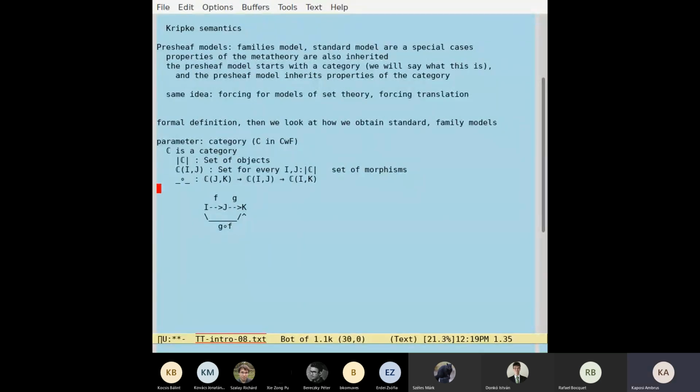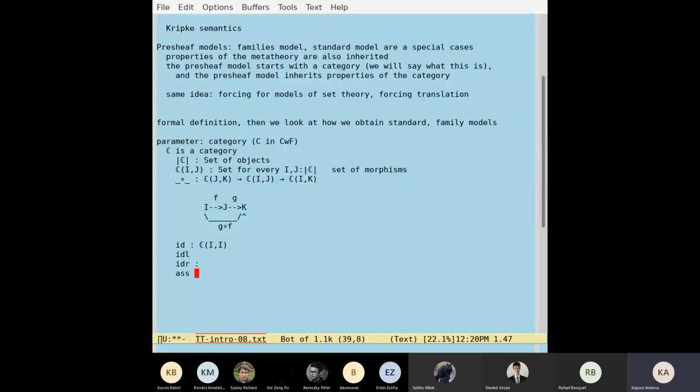And I also have an identity morphism, which goes from I to I for any I. And then we have the left identity law, right identity law, and associativity.